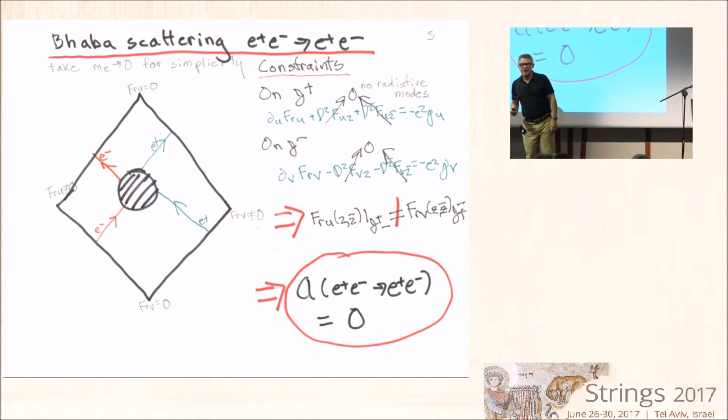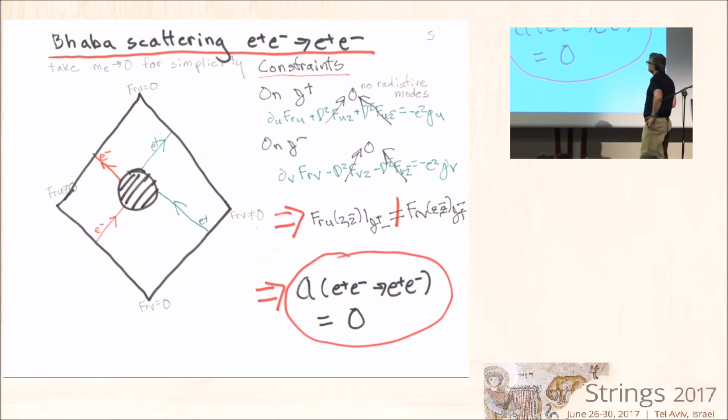Now let me derive a trivial consequence of this charge conservation. Let's talk about Bhabha scattering, where we take a positron and electron, we scatter them, and we ask for the amplitude to have one positron, one electron in, one positron, and one electron out.